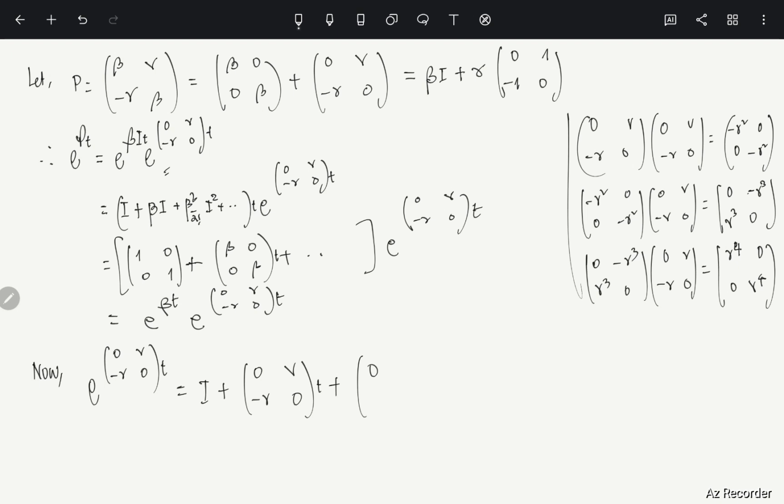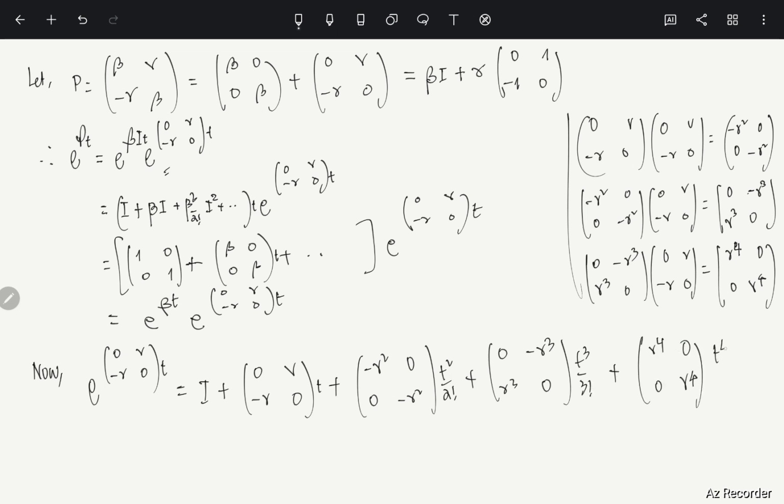If you put it together, then the square is [minus gamma square 0; 0 minus gamma square] times t square by 2 factorial, plus the cube part [0 minus gamma cube; gamma cube 0] t cube by 3 factorial, plus [gamma power 4 0; 0 gamma power 4] t power 4 by 4 factorial, and it goes on like this. What is the first term?